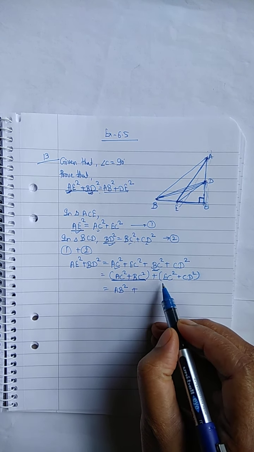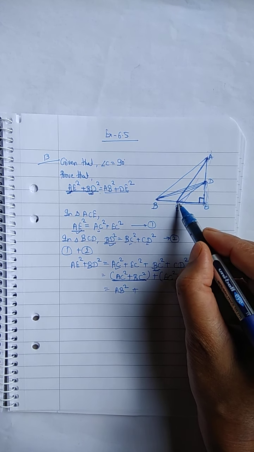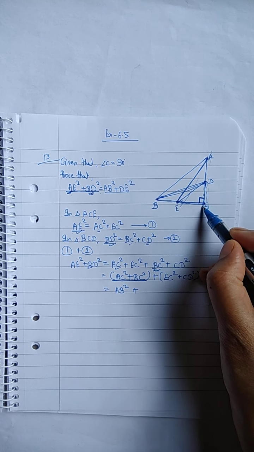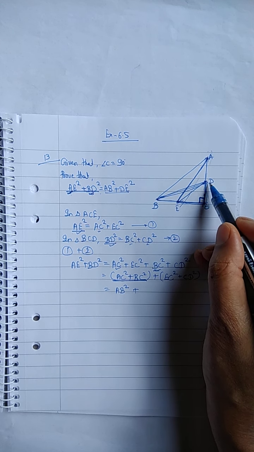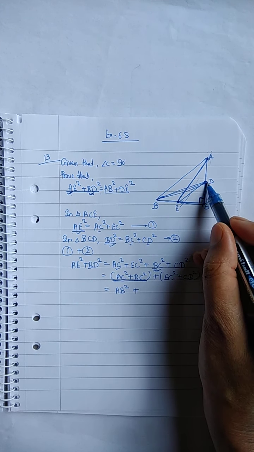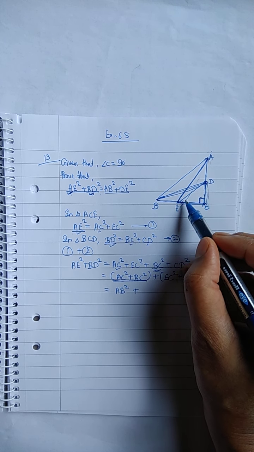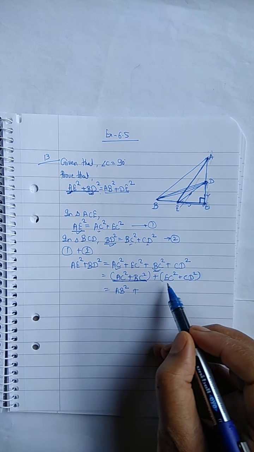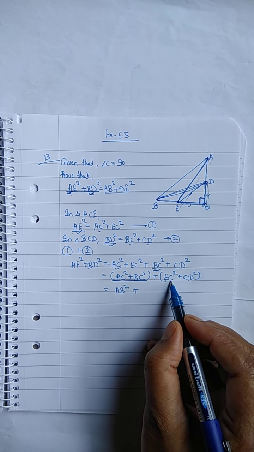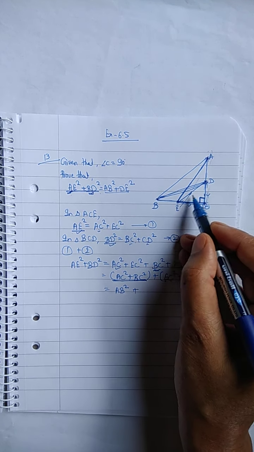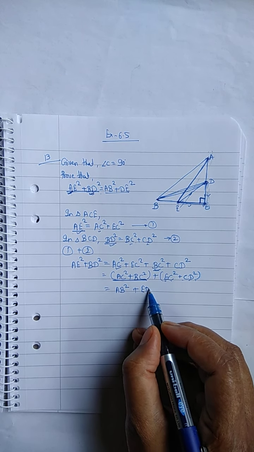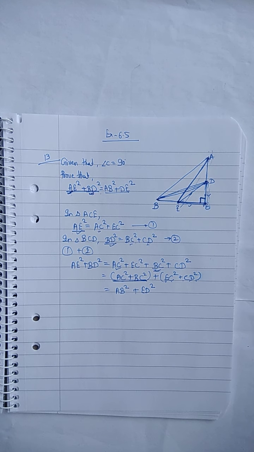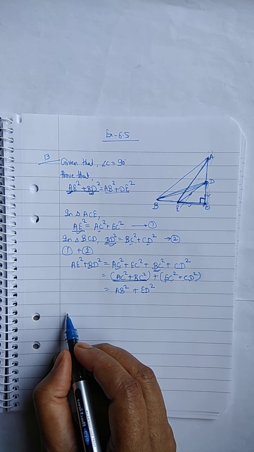Now in this EC square plus CD square, if we will see in triangle ECD, hypo is this DE. So DE square equals to EC square plus DC square, correct? So instead of EC square plus CD square, we can write ED square, correct?